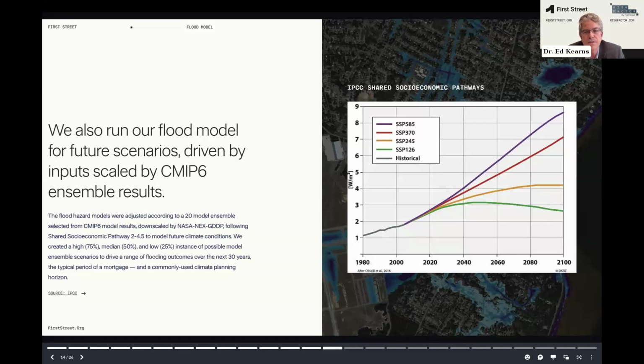And again, we're using the climate models from CMIP6, the World Climate Research Programme's international climate models. We're also using them together as an ensemble. We use about 20 of them together because all the models give slightly different results. So we combine them in a way that we can reduce the uncertainties across models and come up with a more predictable result.